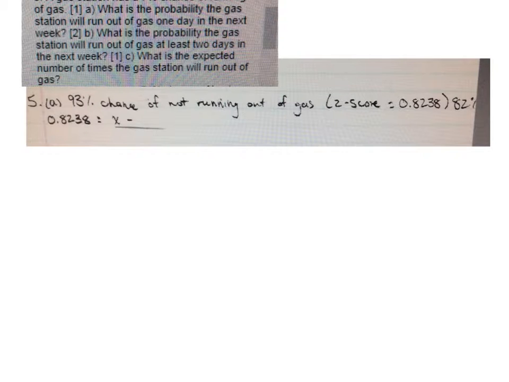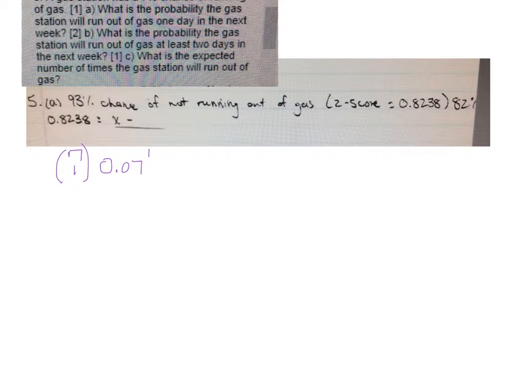And so if we approach this as a binomial distribution, then they're just asking us, out of 7 days, what's the probability of exactly one day? And so that's 7 choose 1. The probability of running out of gas is 7%, so that's 0.07.